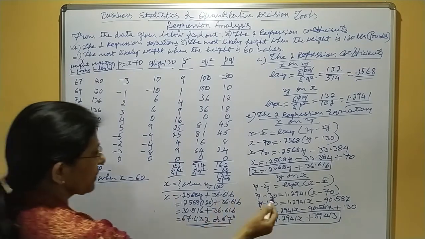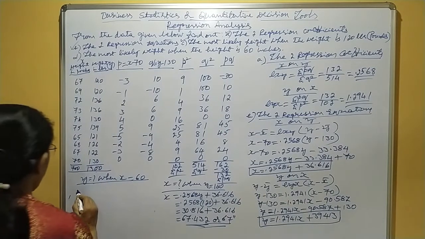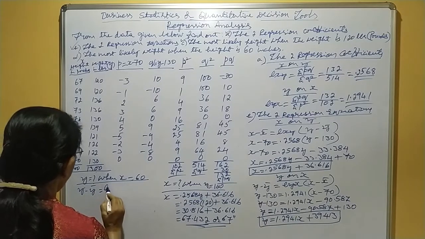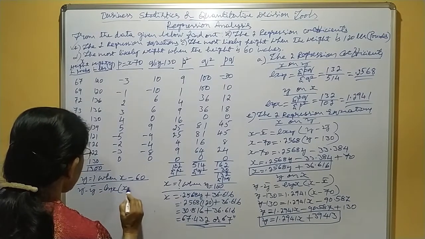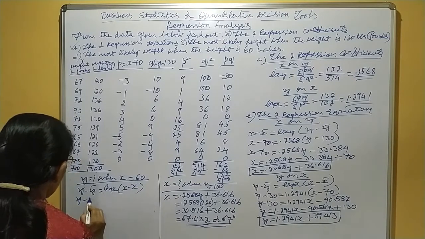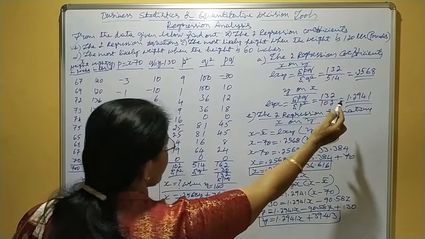Now, which equation we have to apply? Y on x, isn't it? That is y minus y bar equals byx into x minus x bar. Y minus y bar 130 equals byx.